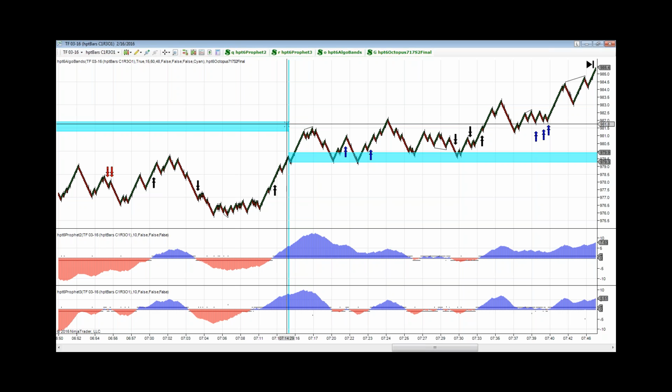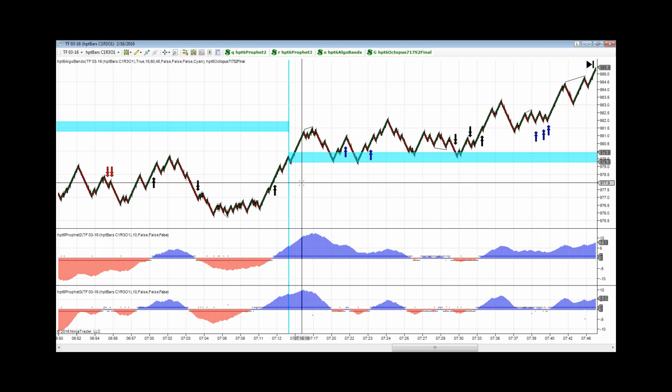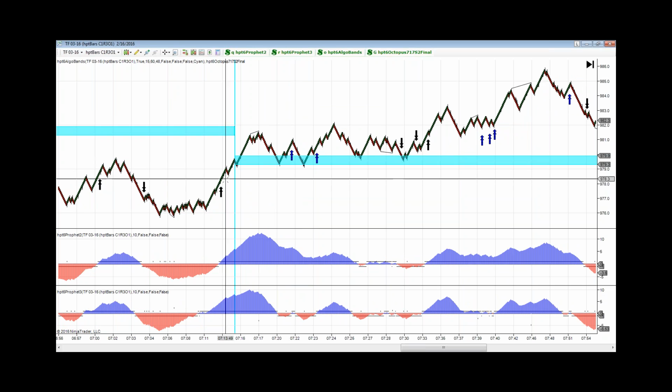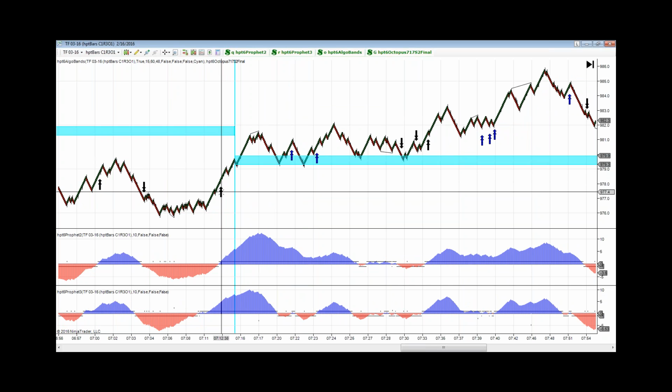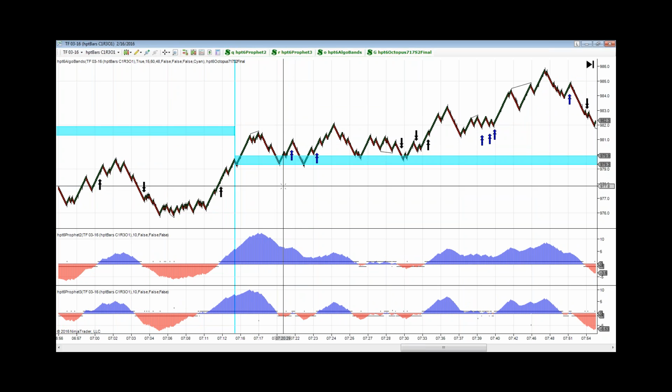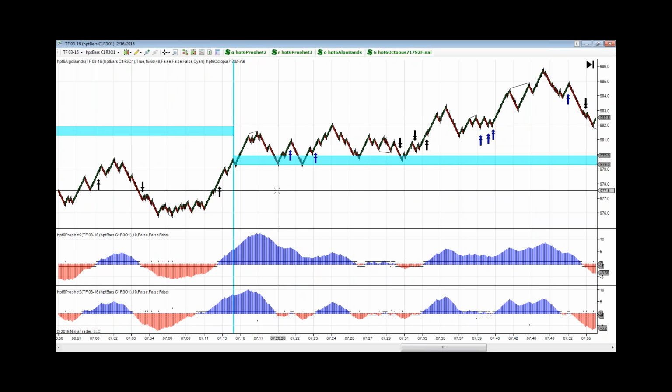So a little bit later on, around 7:14, 7:15 Pacific time, we had another algo band. If we look back to the left, what we had was a long setup, and therefore this was your trade coming through here to the long side. Okay, trade coming through to the long side.